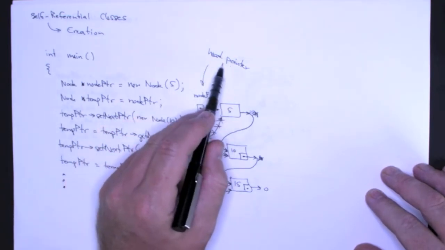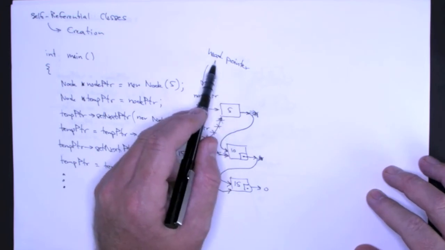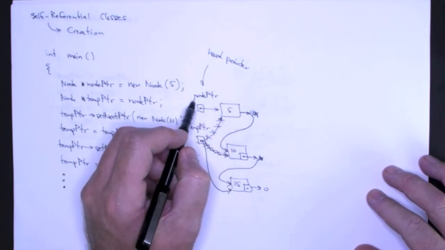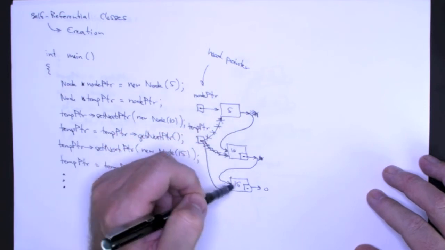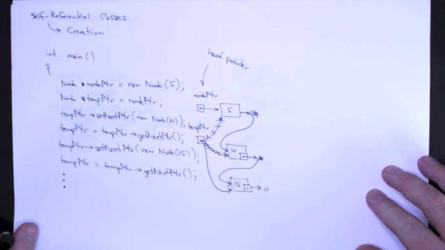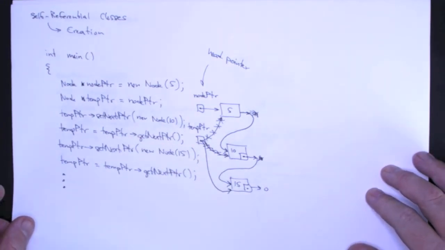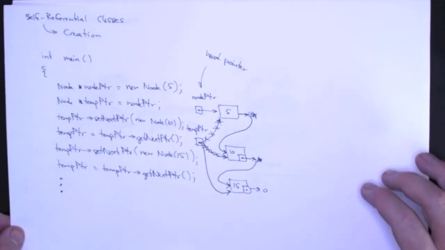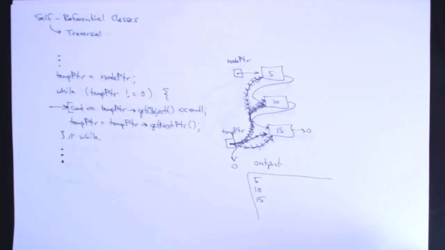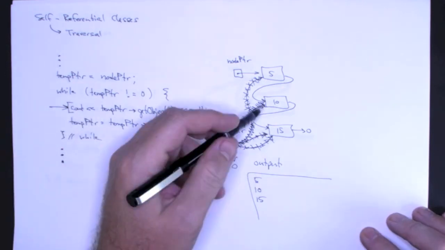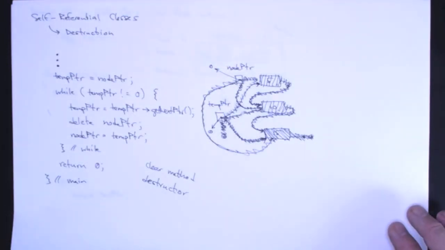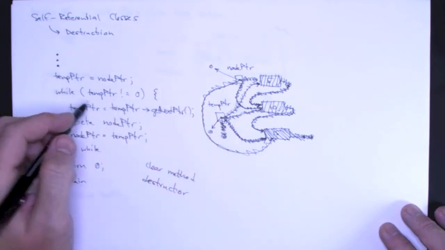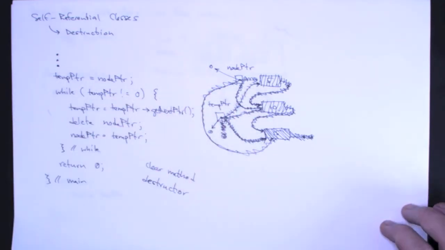What I'm doing here is my head pointer, the private data member of my list class, is going to play the role of this node pointer that always points to the first element of the list, and that's how I'm going to be able to access and perform operations on the elements of the list. Then we also talked about traversal, and we'll see where traversal comes up in the implementation of our class. And then we had destruction, where we traverse the list and delete each node.